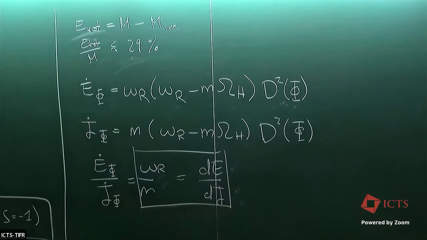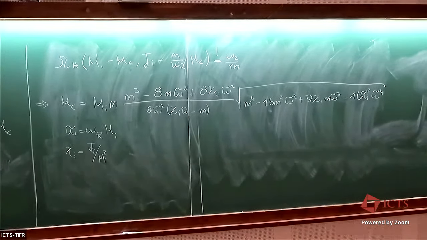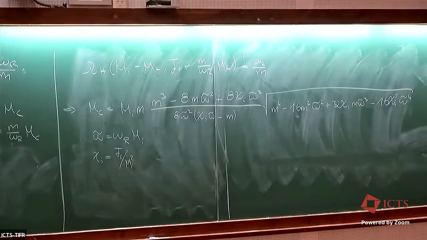And then assuming that the superradiance rate would go to 0 whenever the horizon frequency matches the omega r, we are then able to write down an expression for basically the final mass and the final angular momentum of the black hole, which we then can rewrite in just assuming that all the energy that was lost to the superradiance process is now deposited in the mass and angular momentum of the cloud.